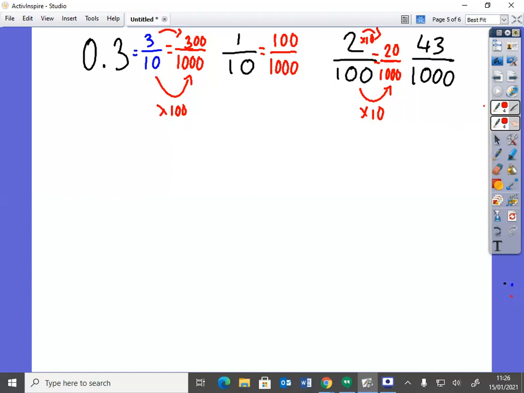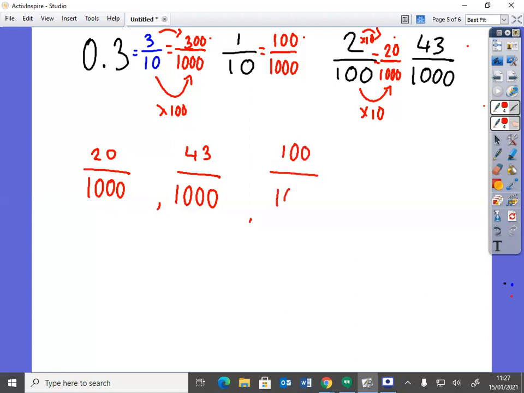So I have 300 thousandths, I've got 100 thousandths there, I've got 20 thousandths there, I've got 43 thousandths there. So putting those in order from smallest to largest, I have 20 thousandths, I have 43 thousandths, next is 100 thousandths, and then 300 thousandths.